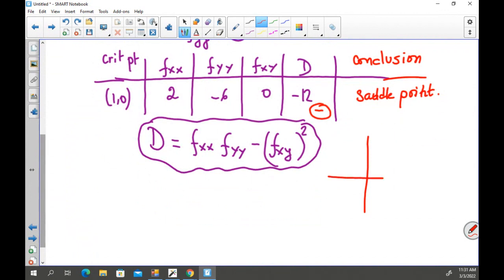It's a bit like when you have the function x cubed. At this point, its derivative is 0 and all that. It's a critical point, critical value, but it's not a maximum and it's not a minimum. So basically, it's a saddle point. So here, the answer is C.